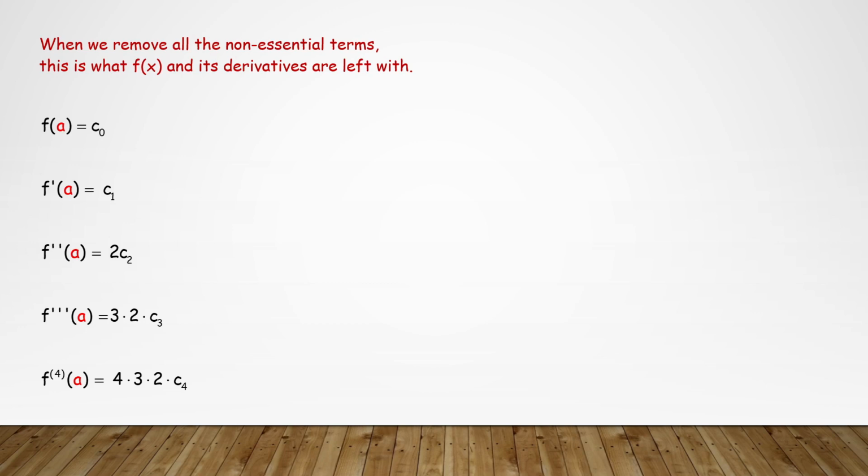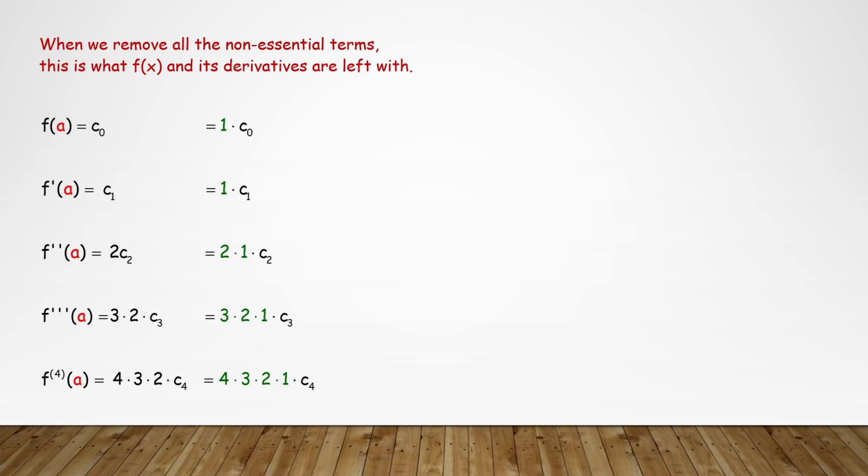Let's repeat this all over again, except this time I'm going to include the 1 being multiplied to the coefficient. So what I'm trying to say is f of a equals 1 times c sub 0. F prime of a equals 1 times c sub 1. The second derivative equals 2 times 1 times c sub 2. The third derivative equals 3 times 2 times 1 times c sub 3.